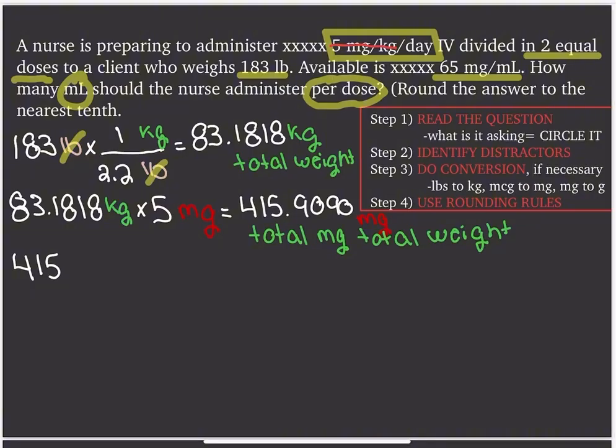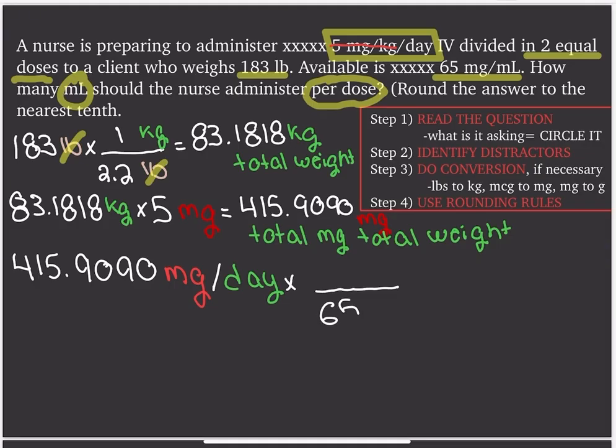So now we can set up our conversion. 415.9090 milligrams per day is going to be multiplied by the available on-hand dose.